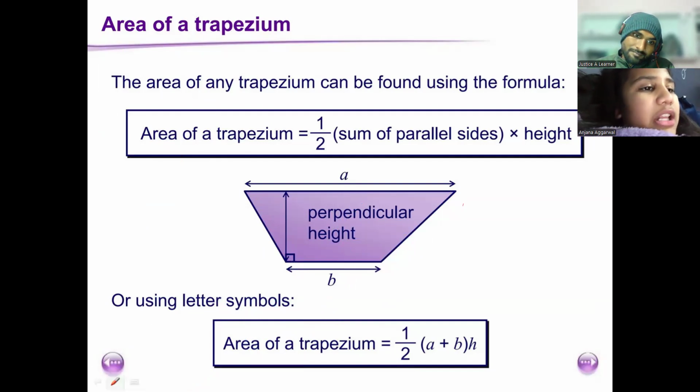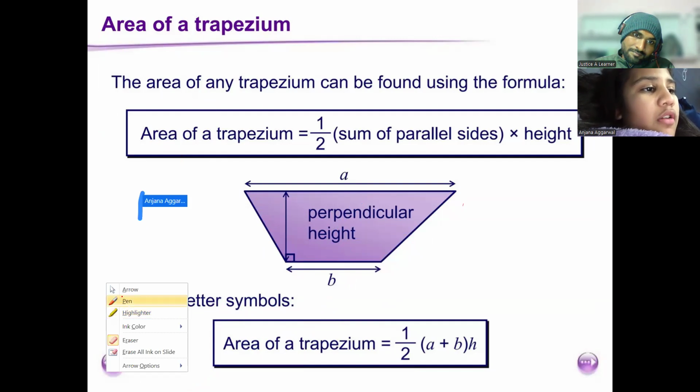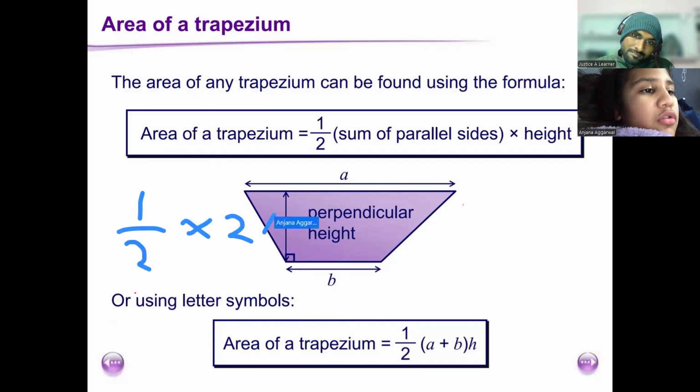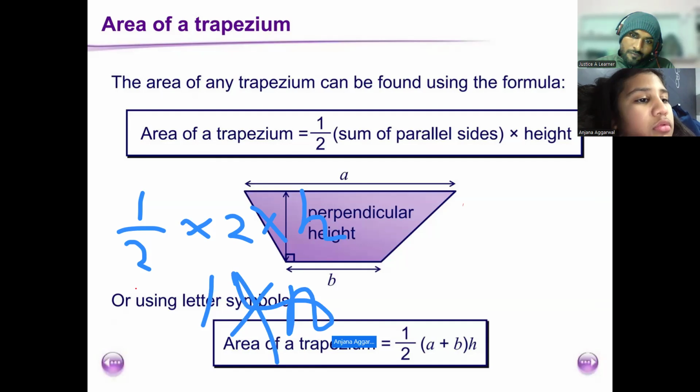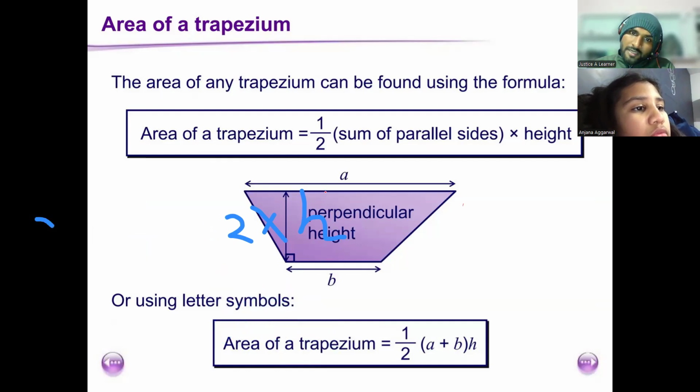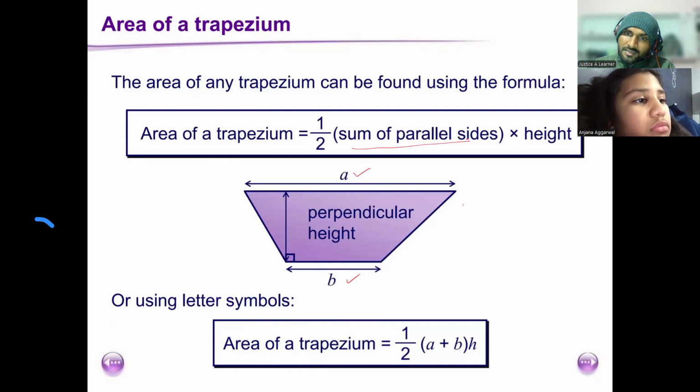So the answer would be half of 2 times height. No, it's not like that. Why two times height? Firstly, we have A and B and we have to add them. First thing, the sum of parallel sides, then into height.